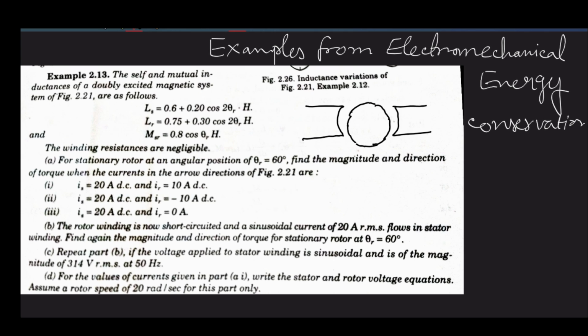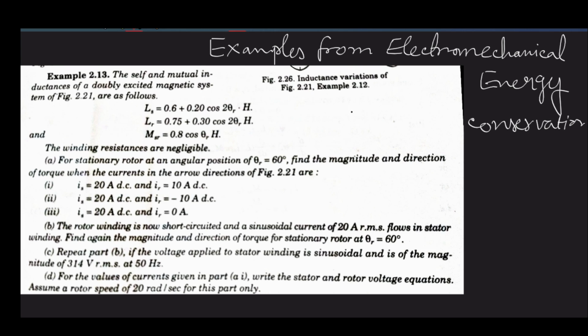However, let us start. In the problem they have said that the winding resistances are negligible, so there is no R present in the winding, or in other words, no IR drop.